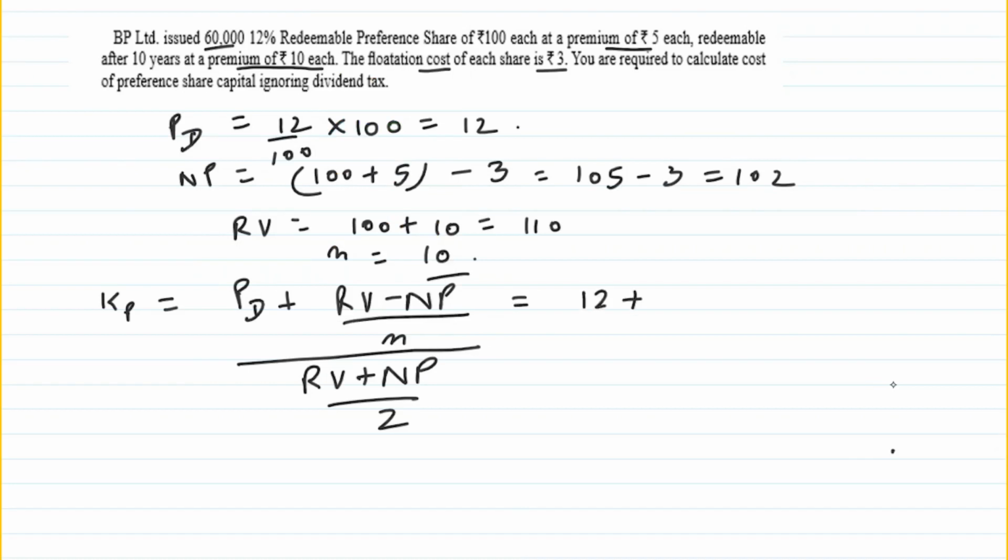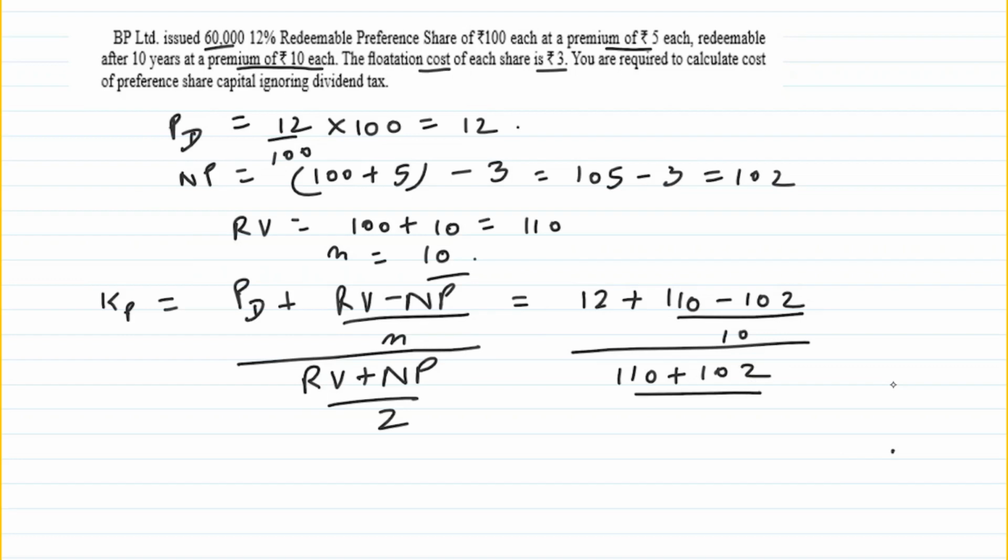12 plus redeemable value 110 minus 102 whole divided by 10, which will again be divided by 110 plus 102 divided by 2. We need to average this out. Hence our value will be 12 plus 110 minus 102 is 8 divided by 10, which is 0.8, whole divided by 110 plus 102 is 212 divided by 2, which is equal to 106.